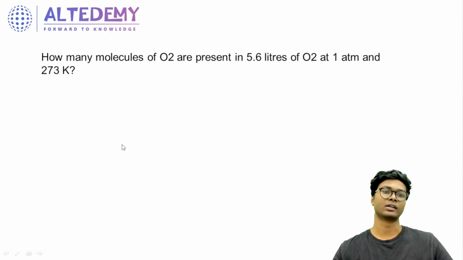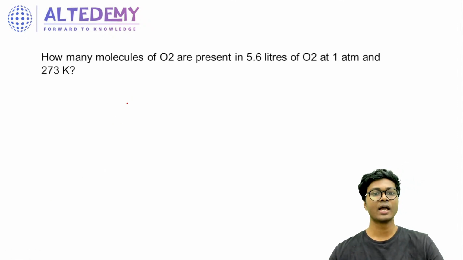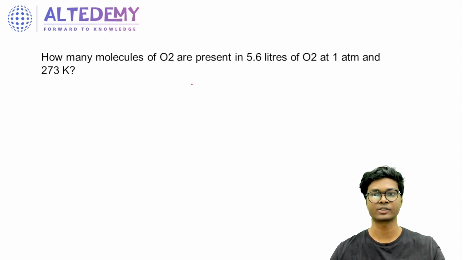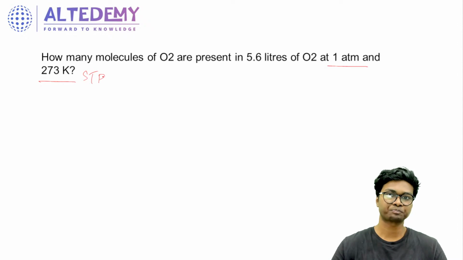Okay, and let's understand that formula with the help of a question. Question is, how many molecules of oxygen are present in 5.6 liters of oxygen at 1 atmospheric pressure and 273 Kelvin? See, I told you this is just the normal standard temperature and pressure.